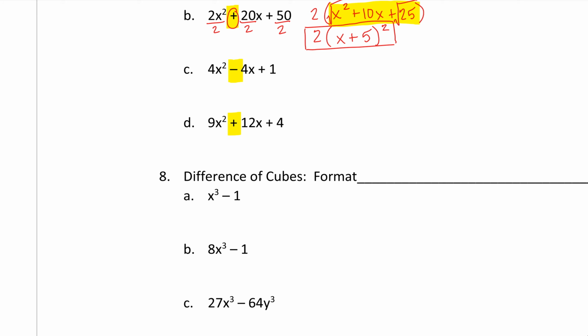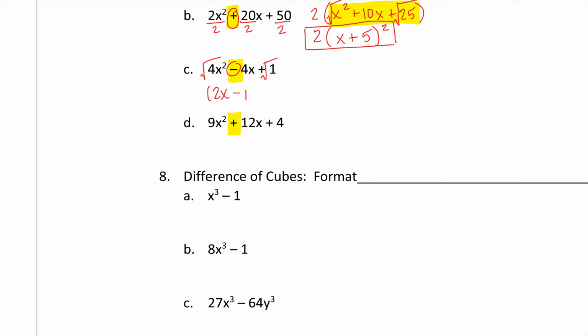C. I take a look. Is there a GCF? 4, 4, and 1? No. Can I square the first term and the last term? Yes, I can. I can take the square root of 4 and the square root of 1. So I know I'm going to end up with a 2x. Remember, that's a minus.